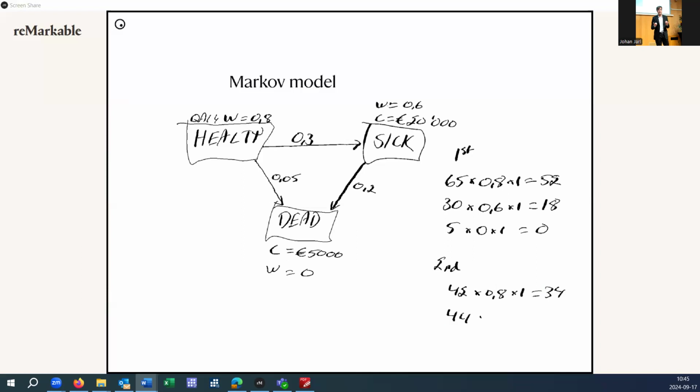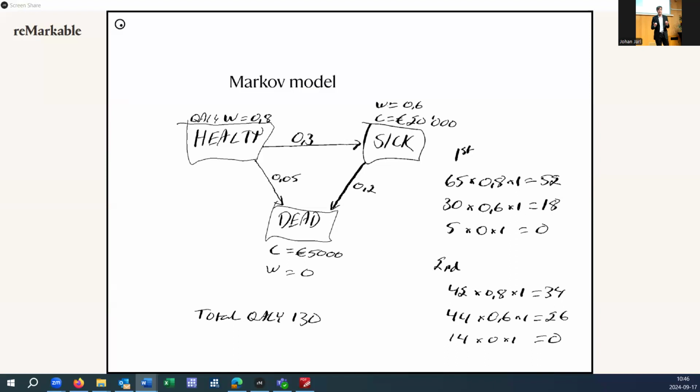We have 44 in the sick health state, 0.6. It gives us 26 QoLs. And then for dead, we have 14 times 0. Again, 0. This gives us a total accumulated QoL of 130 over the 2 years. Now, I haven't discounted the QoLs in this case.